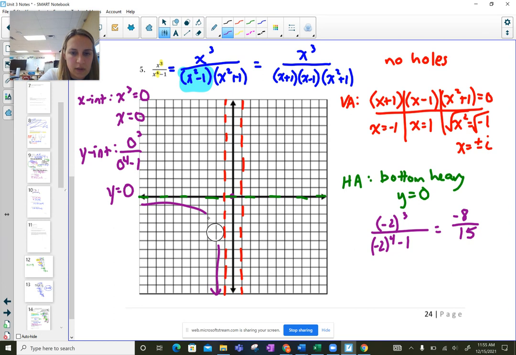And actually, this goes a little bit closer. -8/15 is like right here. So I don't know why that's so large and in charge, but here we are. Okay, it'll look something like that.